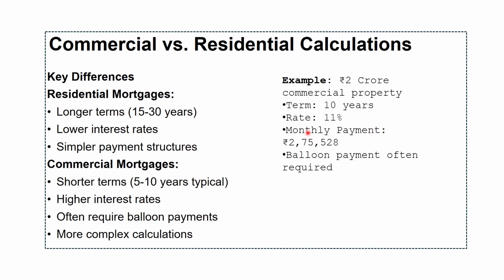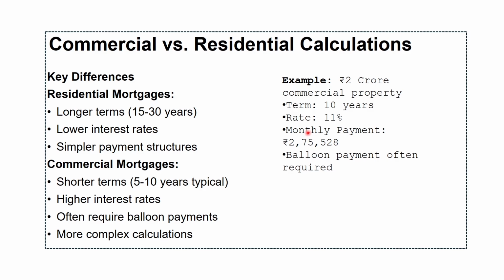Then commercial versus residential calculations. So, commercial and residential mortgages differ significantly. We have understood the commercial earlier that we have seen. Again I will emphasize this and I will take one example also. First, residential mortgages have a longer term of 15 to 30 years. Lenders feel much more confident in this aspect.